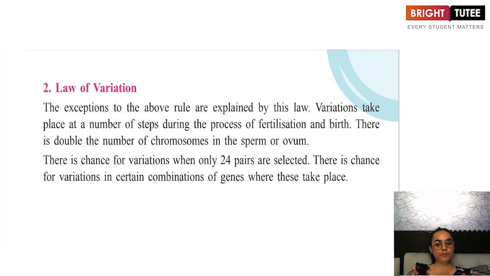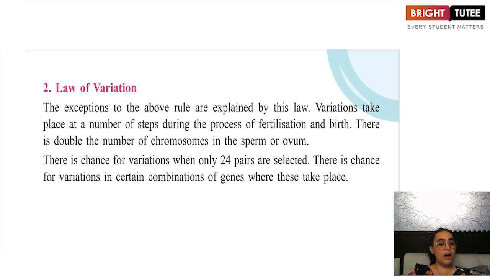According to this law, variation will take place at different steps during the fertilization process. So at different steps of fertilization, the variation will take place. There is going to be some or the other difference that can be noticed in the fertilization process, in the embryo and thereafter the child.